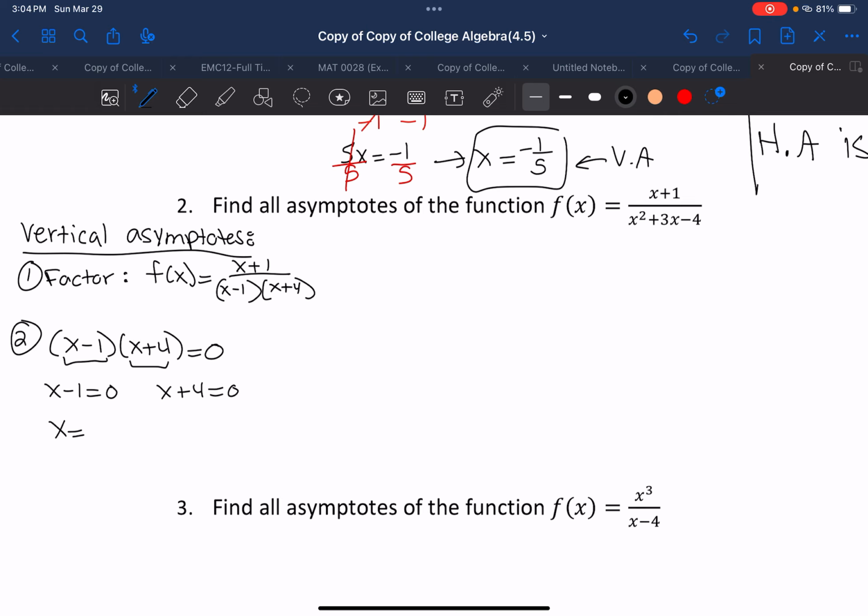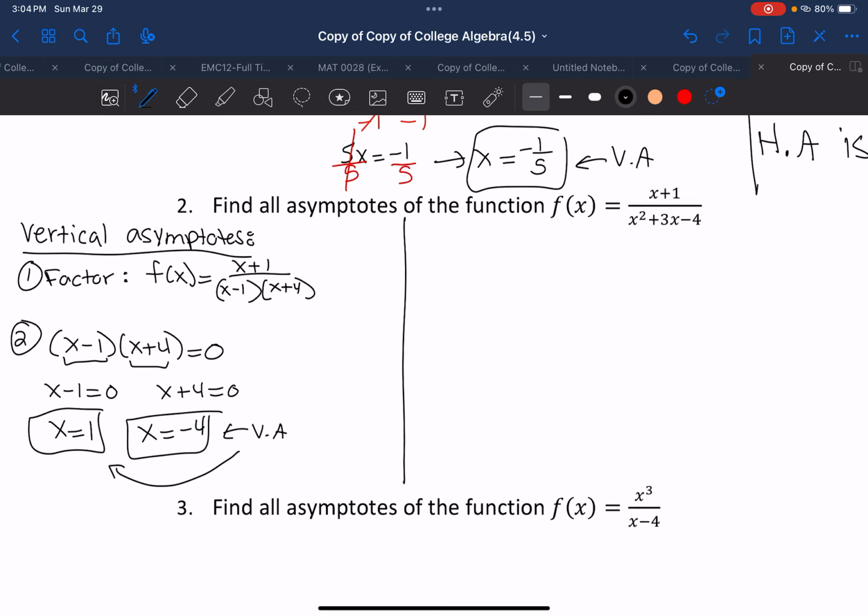So x equals 1 and x equals negative 4 would be my vertical asymptotes. And again, those are the values that make my function undefined. So the domain of this function would be all values except for 1 and negative 4.